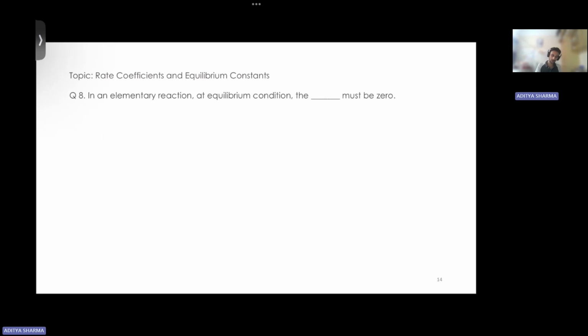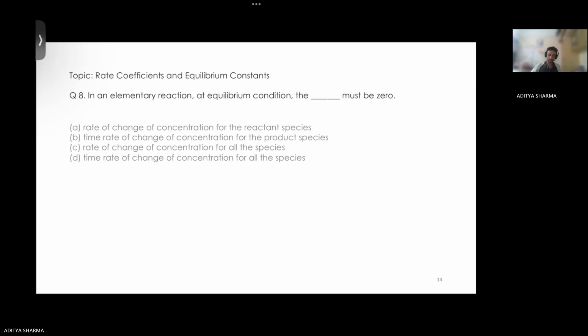Moving on to next question then. Question number 8 on rate coefficients and equilibrium constants. Yes, please read the question and try to answer this.